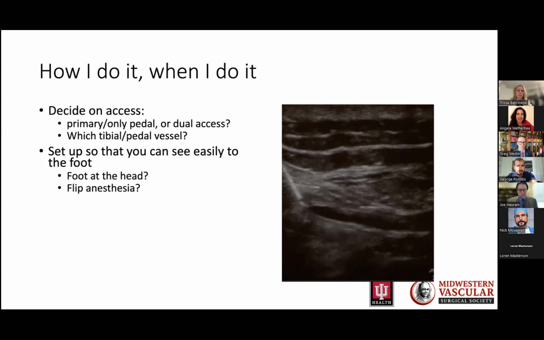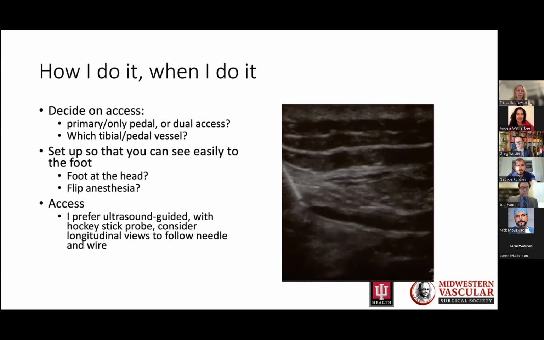But more so than when you're doing other access, you want to make sure that you can see all the way down to the foot, and ideally also get multiple views, so that you can get like a dorsal view of the foot or a lateral view of the foot.